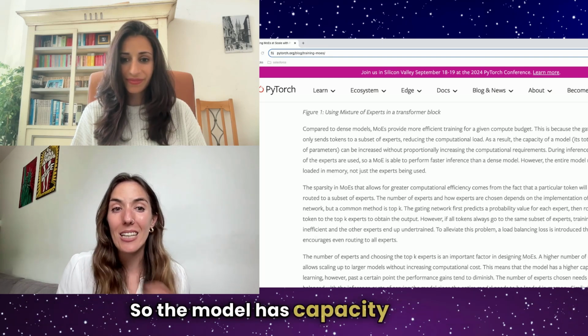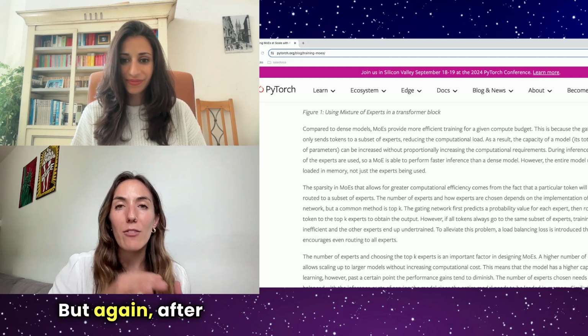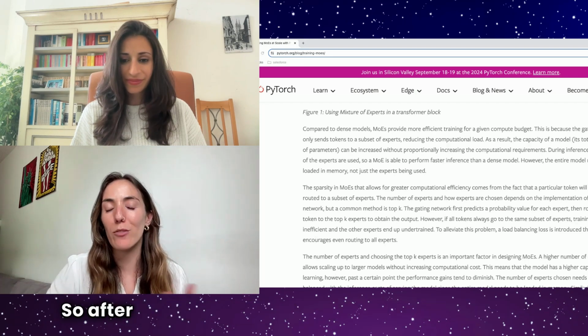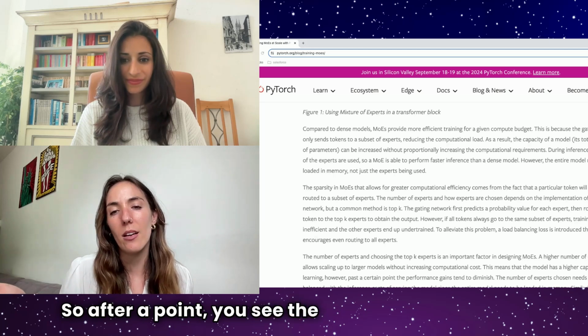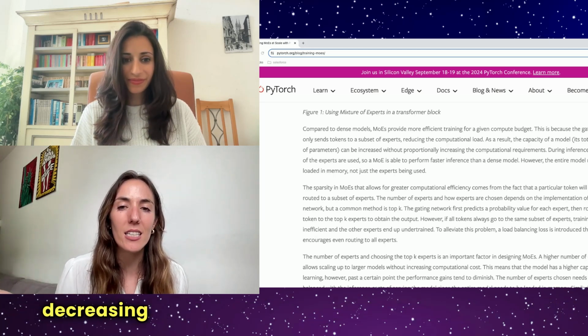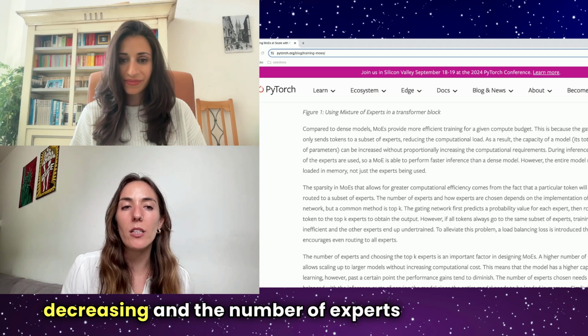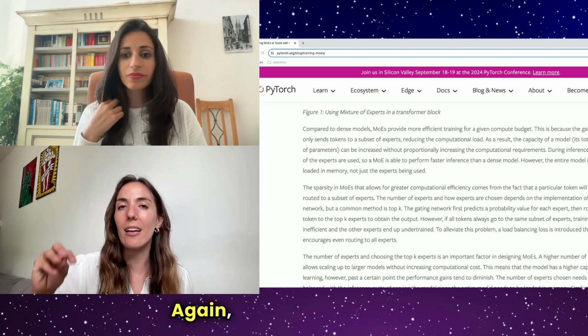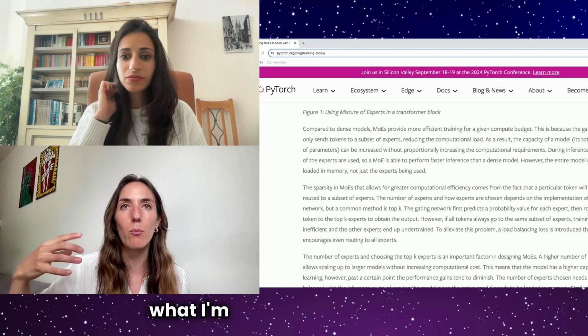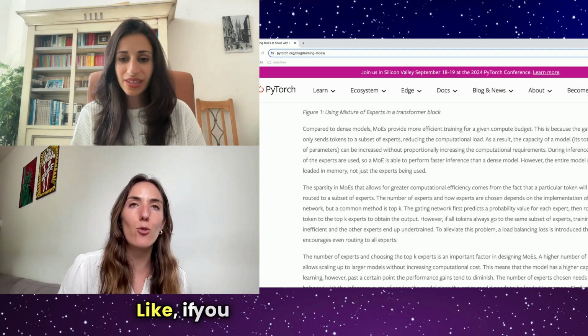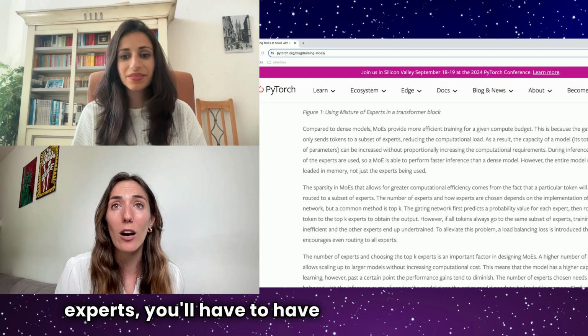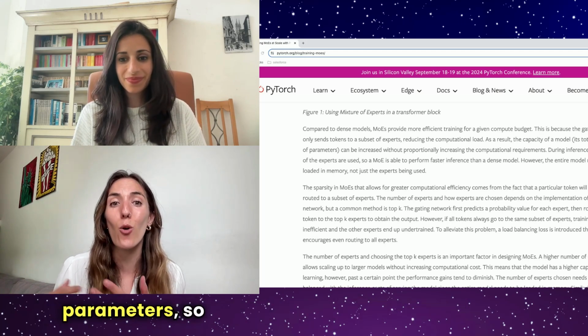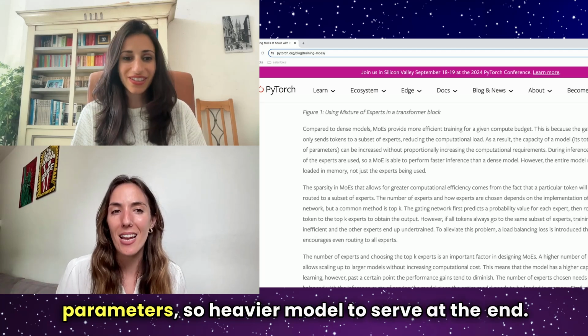So the model has capacity to learn, but after a point, you see the performance actually decreasing. The number of experts can be chosen by keeping in mind what I'm planning for inference. If you have a lot of experts, you'll have a bigger model, more parameters, so a heavier model to serve at the end. So keep that in mind.